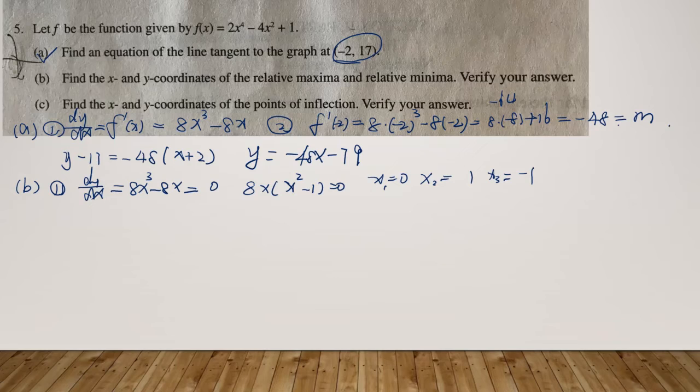We use the second derivative. So the second derivative equals 24x squared minus 8.